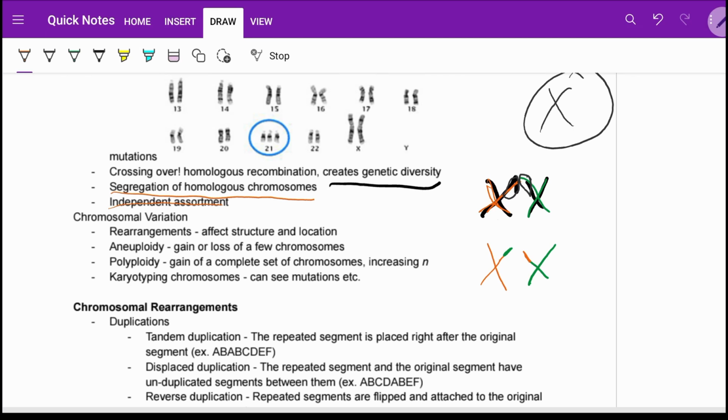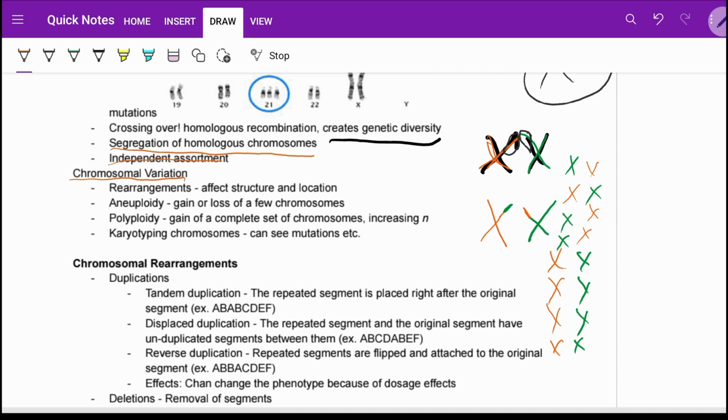They won't always line up where all the father's chromosomes are on one side and all of the mother's chromosomes are on the other side. It's going to be completely random. So it could be green ones on this side, green, green, and orange like this. And that also creates genetic diversity.